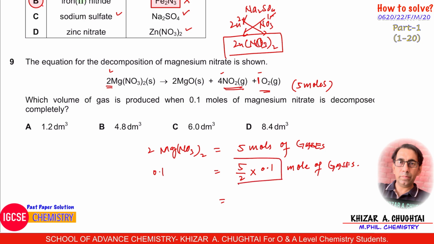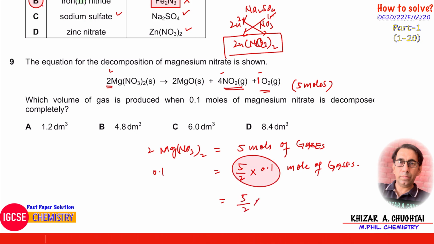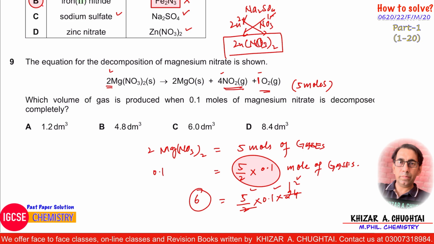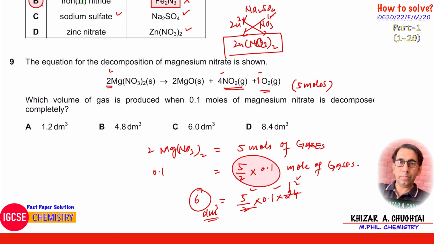So 5 by 2 into 0.1 into 24. 2 12s are 24, you can say. And 12 into 0.1 into 5, the answer is 6. So 6 dm cube will be the total volume of the gases at room temperature. C is the correct option.